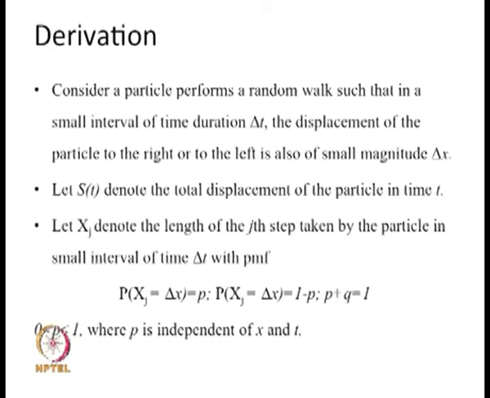That is very important. The probability of the displacement to the right or to the left, whether p or 1 minus p, is independent of x as well as time.